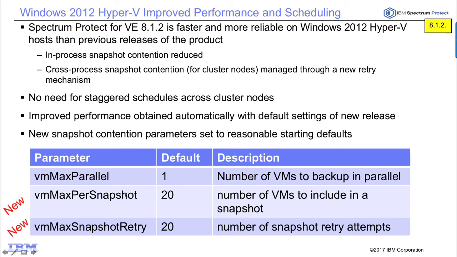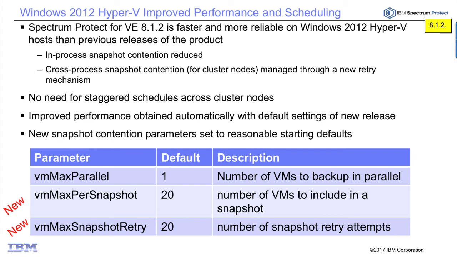Now, we have added some new parameters in 8.1.2, including this VM max per snapshot parameter that specifies the number of VMs to include in a snapshot, and this VM max snapshot retry, which specifies the number of snapshot retry attempts should there be contention.